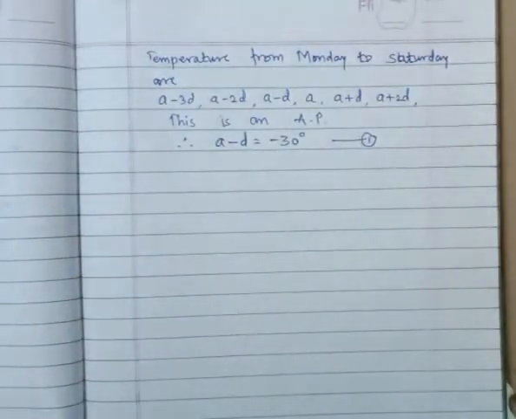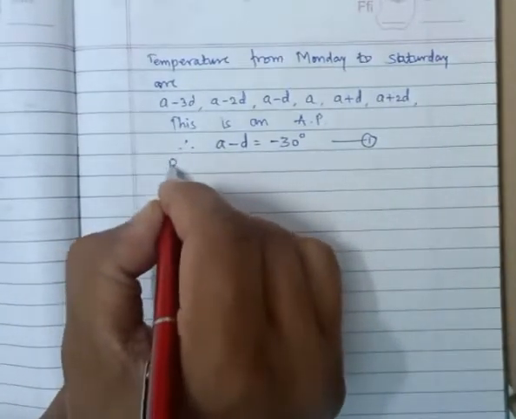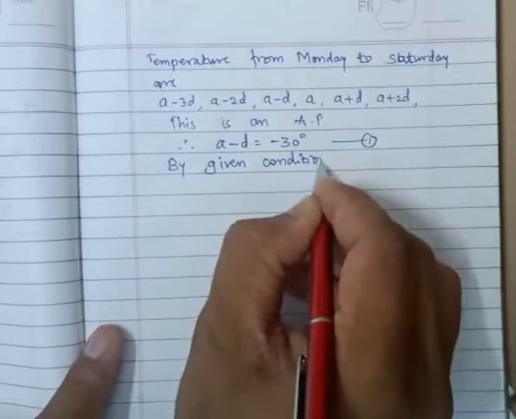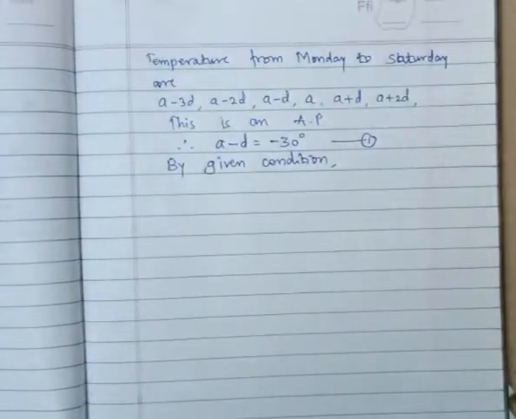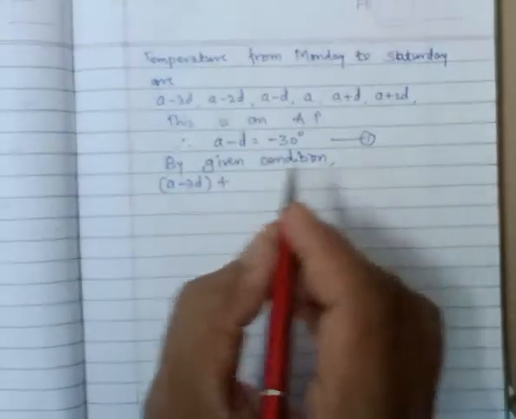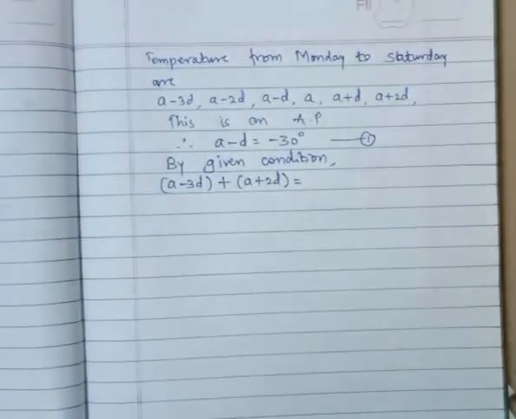Again, it is given that the sum of the temperature of Monday and Saturday was 5 degrees Celsius more than the sum of the temperature of Tuesday and Saturday.